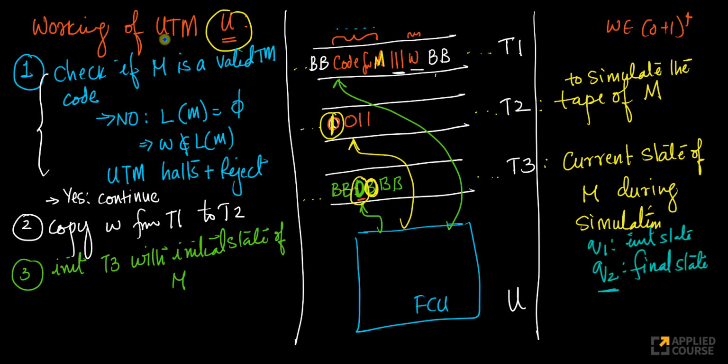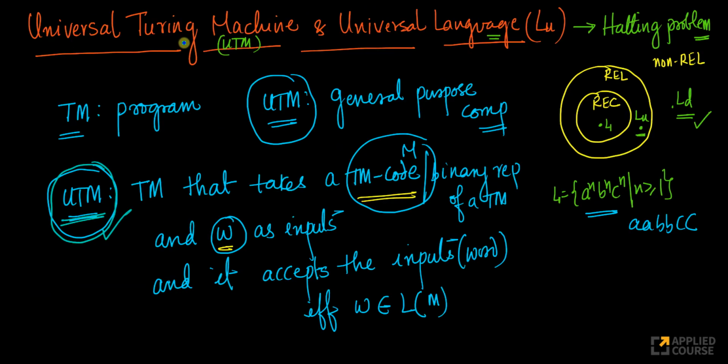And remember that universal Turing machine is also a Turing machine, because given this 3-tape Turing machine, I can also always construct a 1-tape Turing machine that is equivalent to it, or a single-tape Turing machine equivalent to it. So a universal Turing machine is also a Turing machine. Let's not forget that. Very importantly, if you think about it, a universal Turing machine behaves like a general purpose computer, which takes a program and some input, and it generates whatever output you expect on this input given this program.